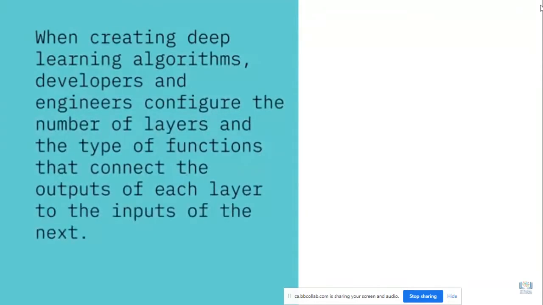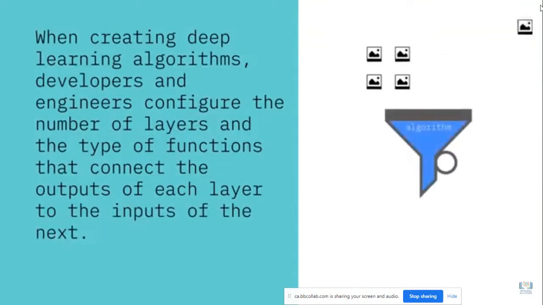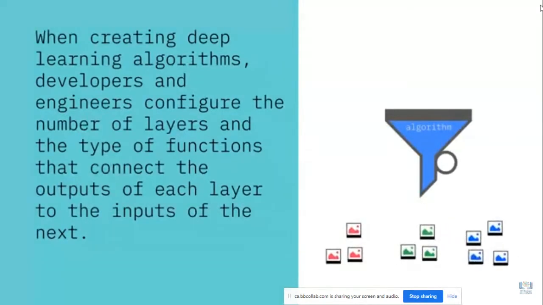Then, they train the model by providing it with lots of annotated examples. For instance, you give a deep learning algorithm thousands of images and labels that correspond to the content of each image. The algorithm will run those examples through its layered neural network and adjust the weights of the variables in each layer of the neural network to be able to detect the patterns that define the images with similar labels.